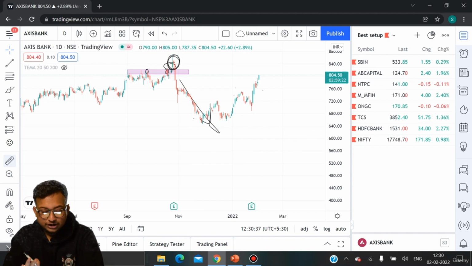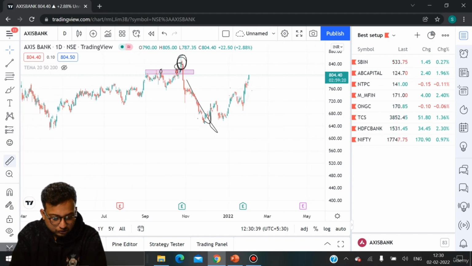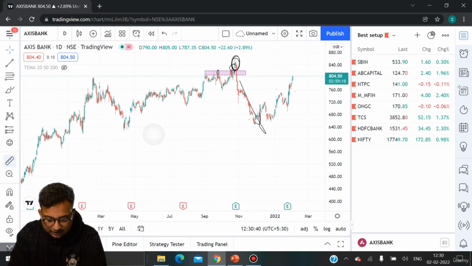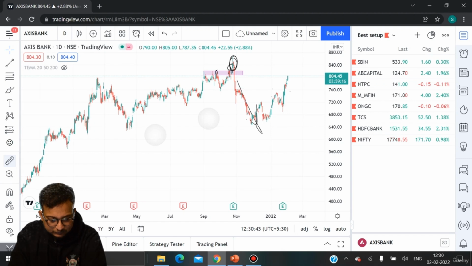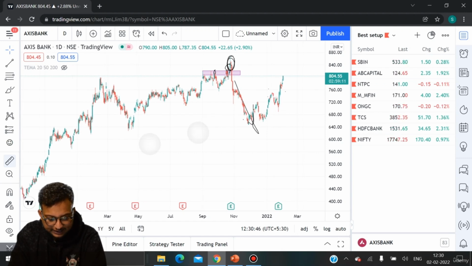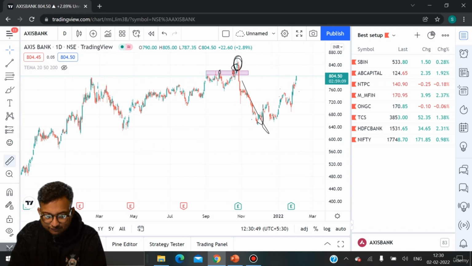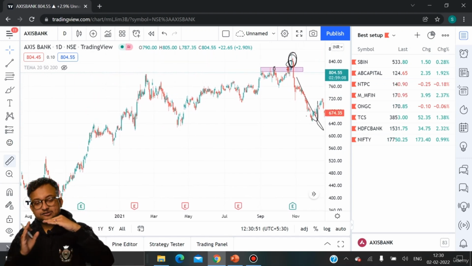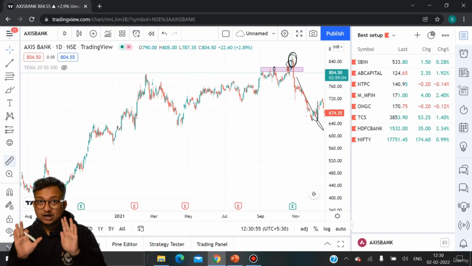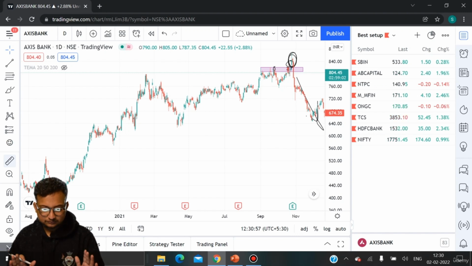So that's how you need to understand it, because what you have to do is create a zone. After a resistance, breakout, false breakout, bulls are trapped, drastic fall. That's all about bull trap, nothing else, right?